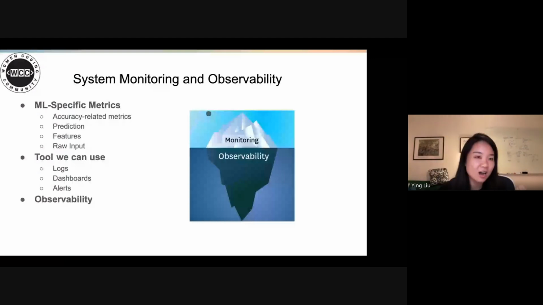So it's easy to monitor metrics, less easy with predictions, and when it gets to features and raw input, it gets harder and harder. You need to decide what you can monitor and what you want to monitor, to balance computing efficiency and ease of observation.